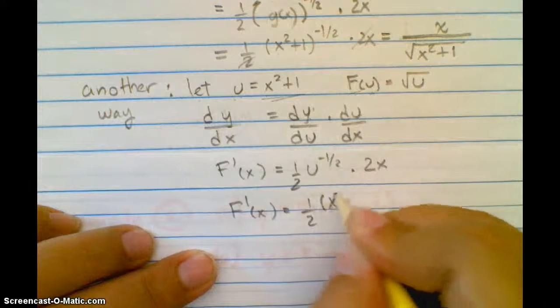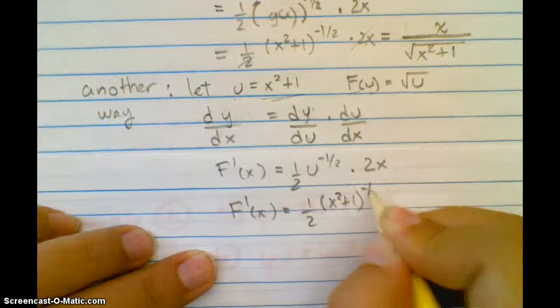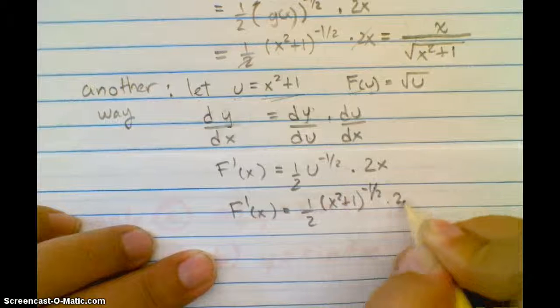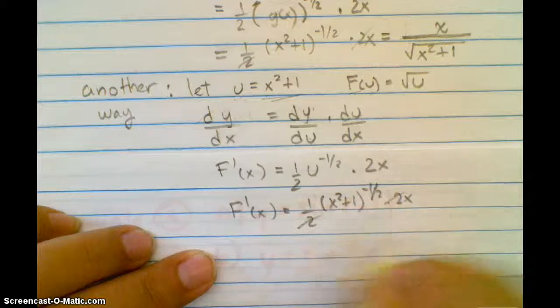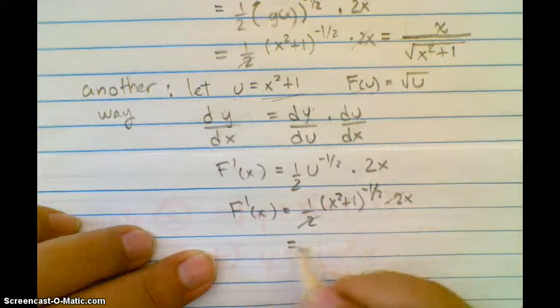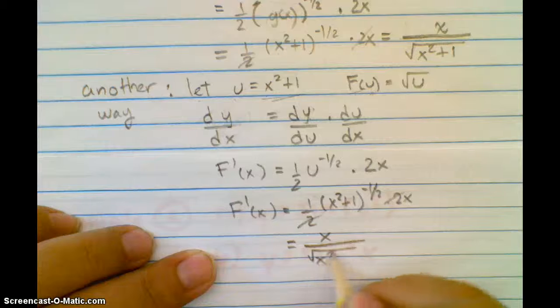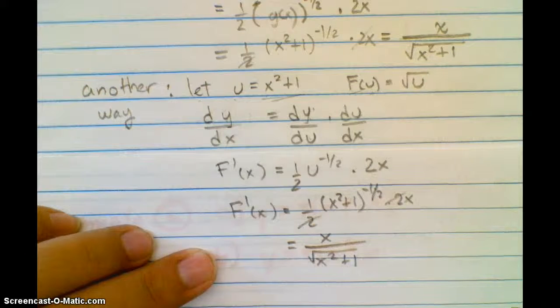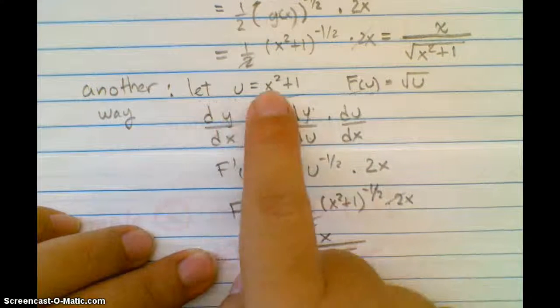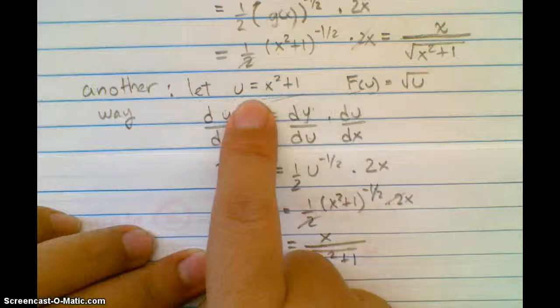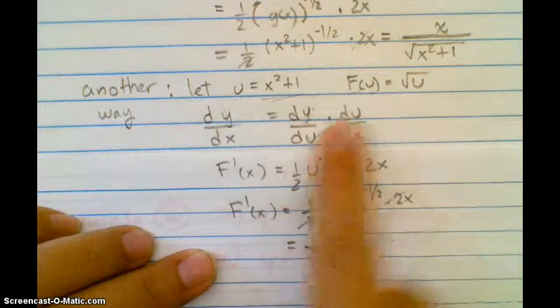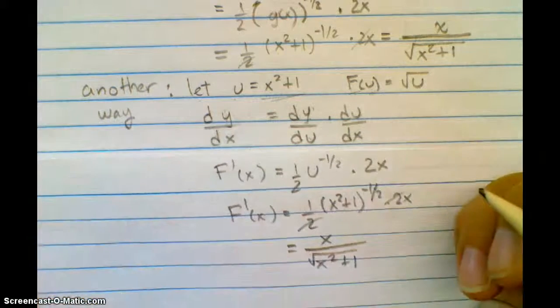So u is x squared plus 1 to the negative 1/2 times 2x. And again, the 2's cross out, so I'm going to have x over the square root of x squared plus 1. So if you like making the transition to naming this function u and using the chain rule this way, that will be fine as well.